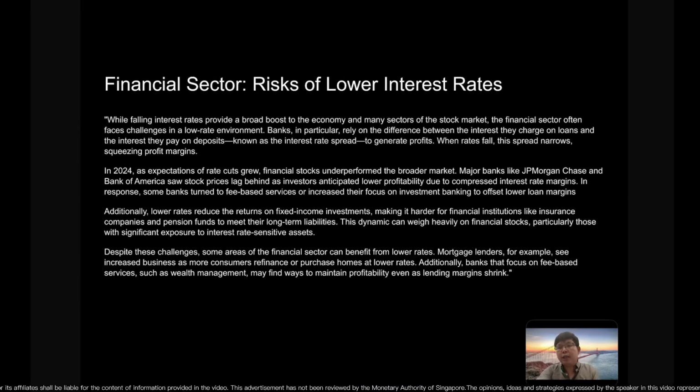So mortgage lenders, some areas also benefit from the interest rate. If there is enough demand, those companies lending mortgages for houses might benefit from the interest rate also.